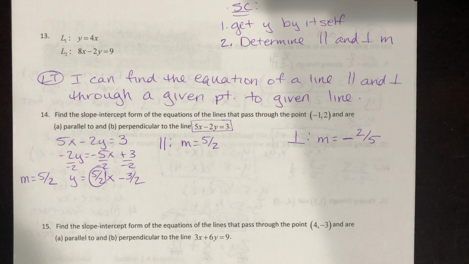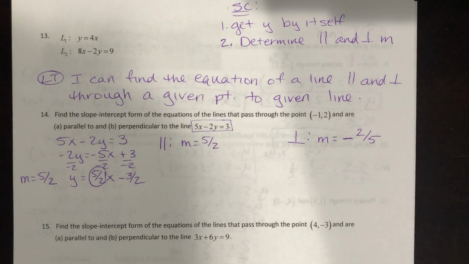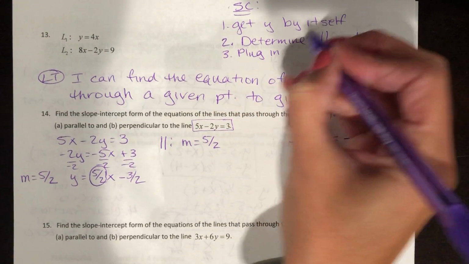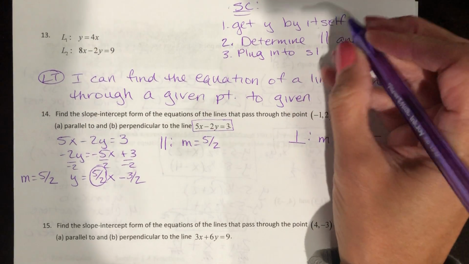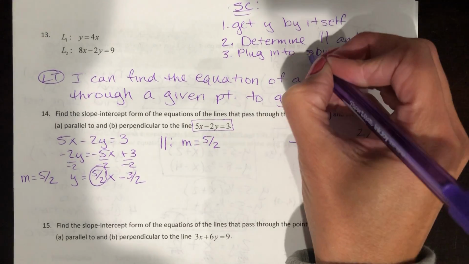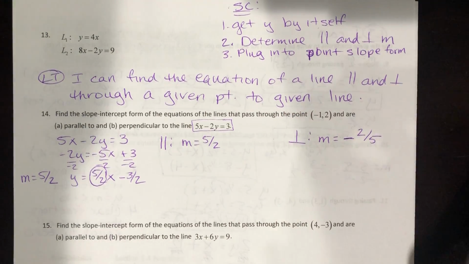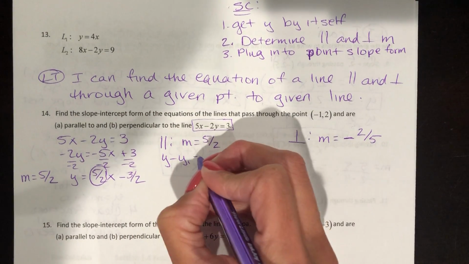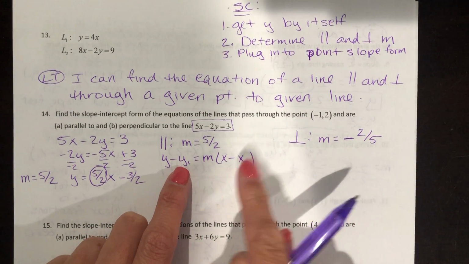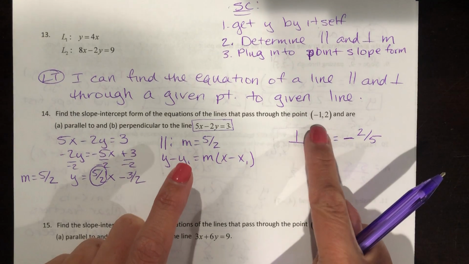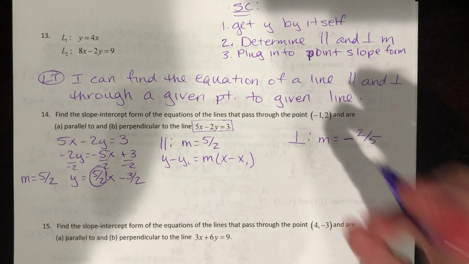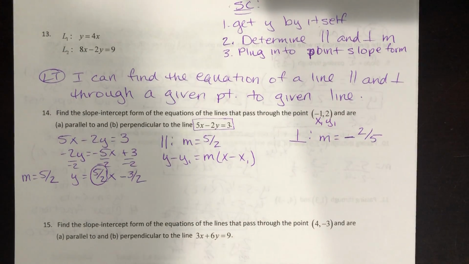Now I can take all that information and plug it into my point-slope form. That's y minus y1 equals m times x minus x1. I get my x1, y1 from this given point because I know that this is a point that's going to be on the parallel line. So this is x1, y1.